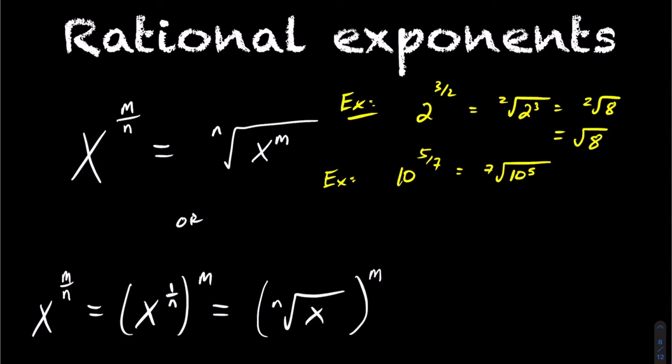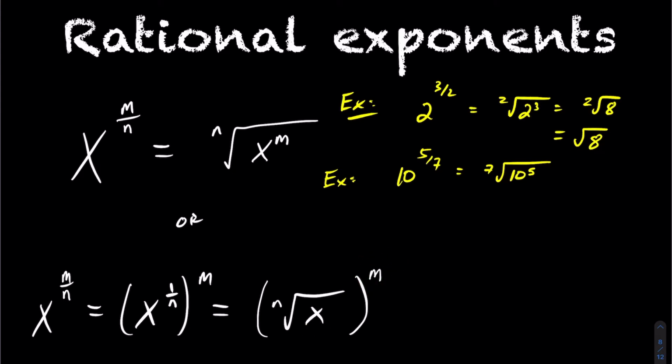If you haven't seen the video on your basic exponent laws, I will link it in the top right-hand corner. But at any rate, m over n can be expressed as x to the 1 over n to the power of m, because power to power we multiply. X to the 1 over n is just going to be the nth root of x. So you can rewrite this as the nth root of x and then take the power of m afterwards.